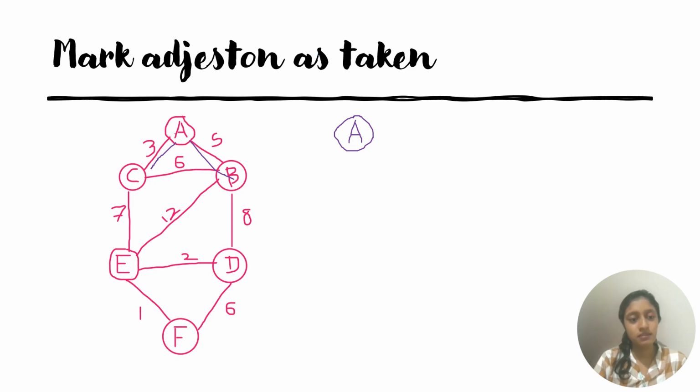The minimum weight is A to C, which is 3. Then we can take C and put the weight. Then we have to get A to B, because it is the next weight we have to get.